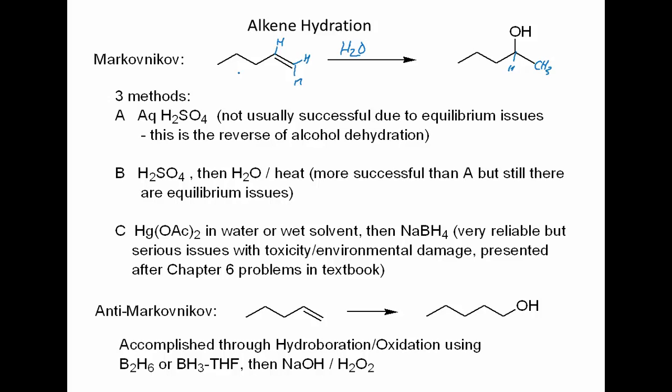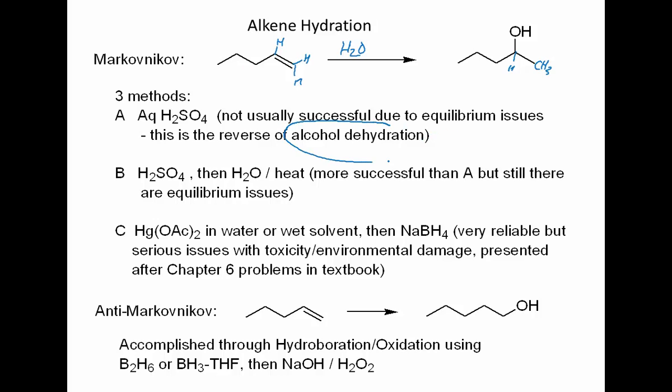Okay. All right. What we can do is just treat it with aqueous H2SO4. This sometimes works. This is the reverse reaction of acid catalyzed alcohol dehydration that you saw in the previous chapter. This reaction is unreliable because most of the time the reaction goes the wrong direction.